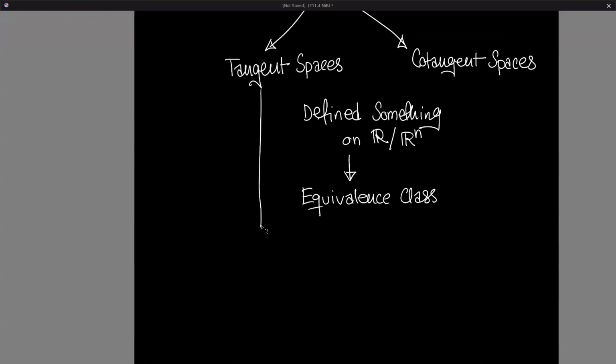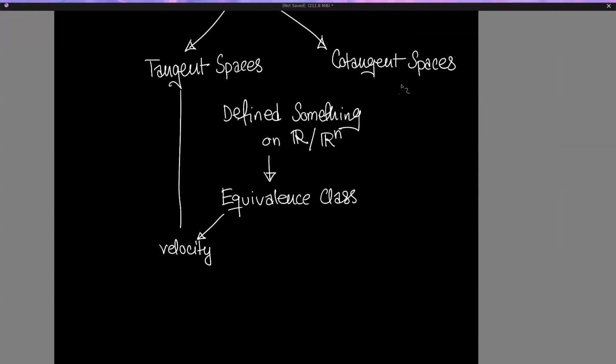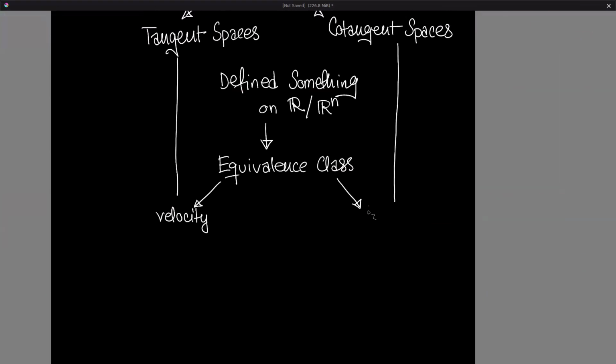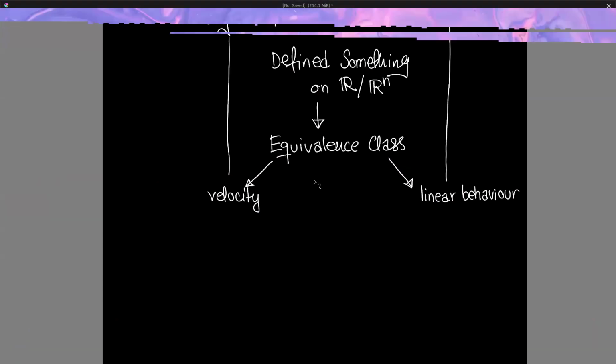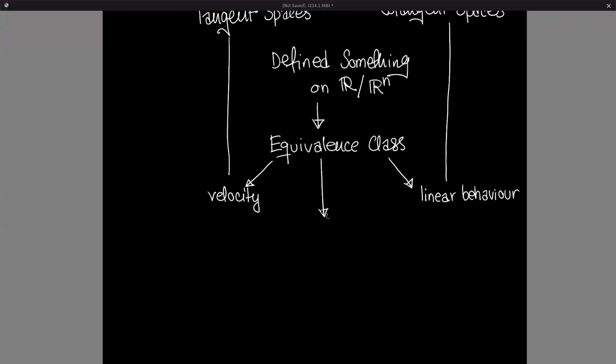In the case of tangent spaces, that was their velocity. That was the idea the equivalence class was trying to get at. And with cotangent spaces, it was this idea of the linear behavior. I wish these were more obviously dual to each other, but yes, that's the idea. And then we used that to define the vectors themselves. So cotangent vectors are also vectors.